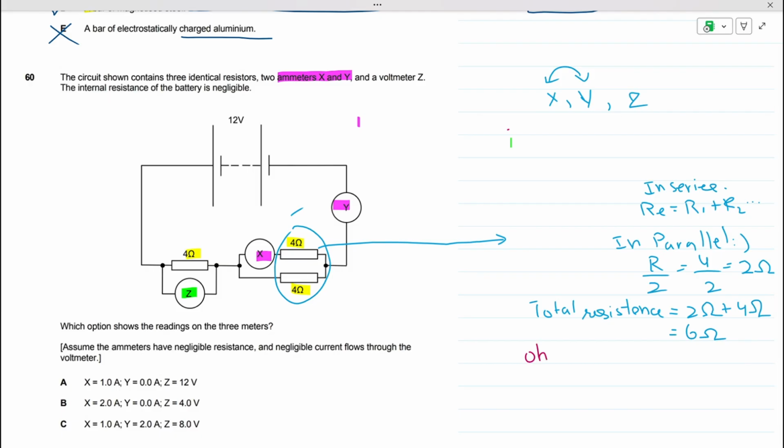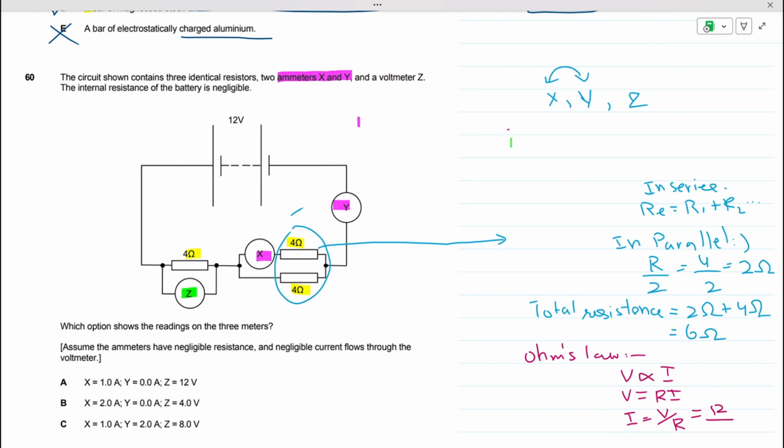We can measure that by Ohm's law. Ohm's law basically says that voltage is directly proportional to current, and when that proportionality is removed, we get V by I equal to a certain constant, which is R. We are supposed to find total current, so I equals V by R.